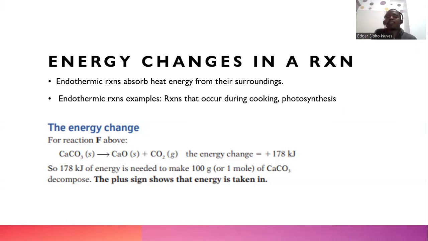Examples of endothermic reactions include cooking. When you're cooking, you're putting in heat from the stove, you're supplying the heat, and that allows the reactions to happen. Another example is photosynthesis, where energy is being taken in; we absorb radiant energy from the sun, and that causes the photosynthetic reactions to happen.